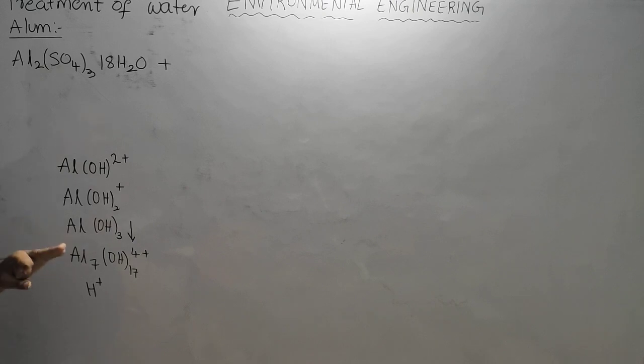This much OH should be present in the water. If OH is present, alum works in a better way. If OH is absent, two things are happening here. One thing is alum is taking OH and releasing H+. This H+ increases the acidity of the water once the alum is added.